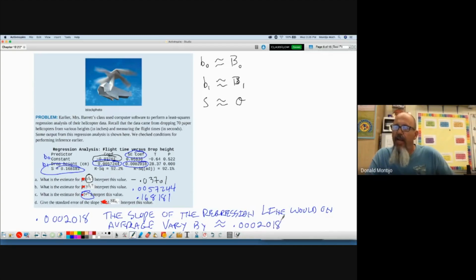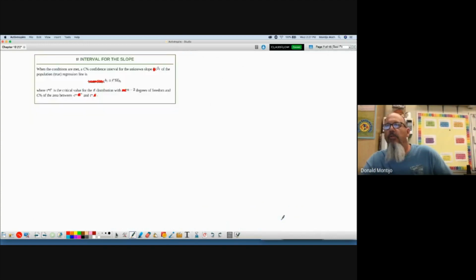So the standard error of B sub 1 is the standard deviation of the slope in repeated measurements of the same problem or the same experiment or whatever it is that we're working on. Okay, that's going to be the easy part for us.